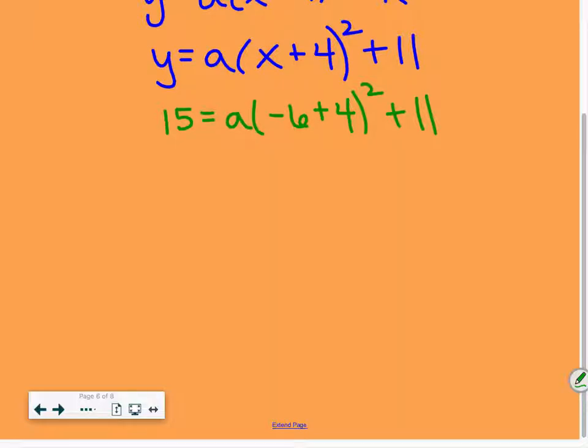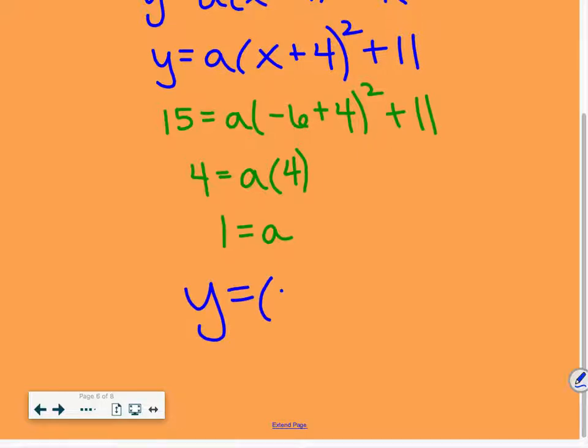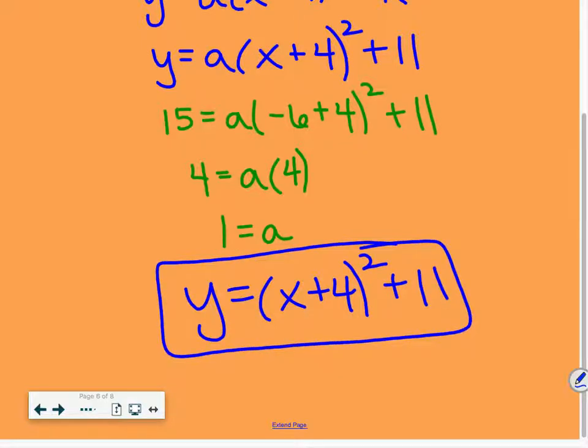Okay, so I'm going to subtract 11 over. Negative 6 plus 4 is negative 2, squared is 4. Well, that's kind of boring, huh? a is 1. So y equals 1 times x plus 4, the quantity squared, plus 11.